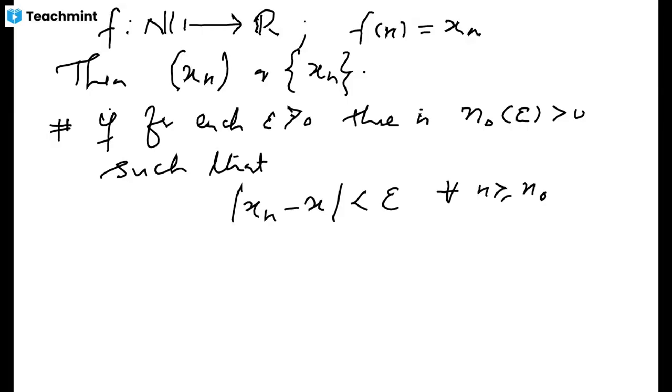If this is true for every epsilon, then we say that this sequence xn converges to the number x.